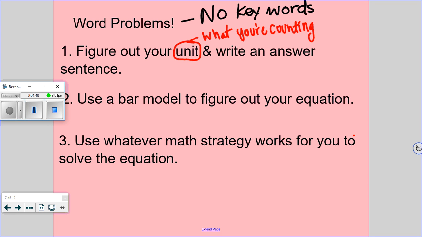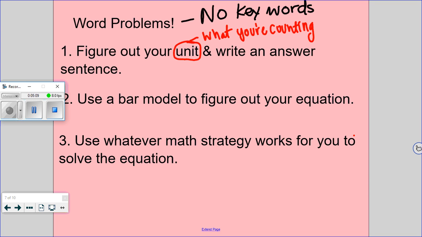If it turned out to be an addition problem, and you want to use break apart, use break apart. Whatever math strategy works for your brain. So what William uses might be different than what Kylie uses to solve the problem, and that's fine. This is where you get some choice and freedom to decide what works best for my brain.